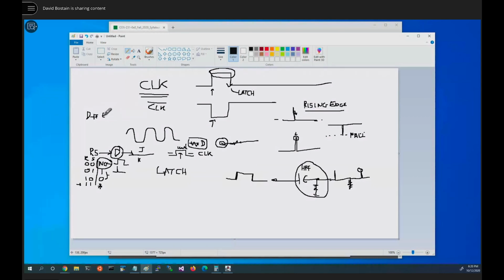I'll just put an E for edged. And it's on the high-going edge, and it will almost always have either or both of preset or clear, and both of them will be negative going signals normally. So this is the most common D flip-flop we would encounter.